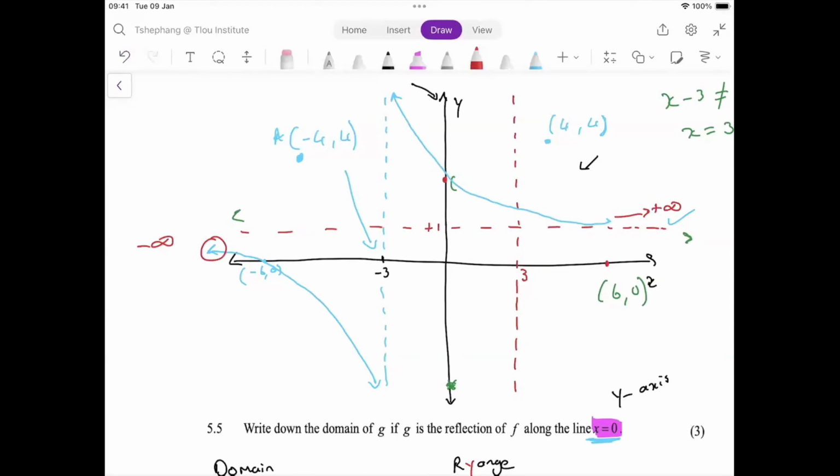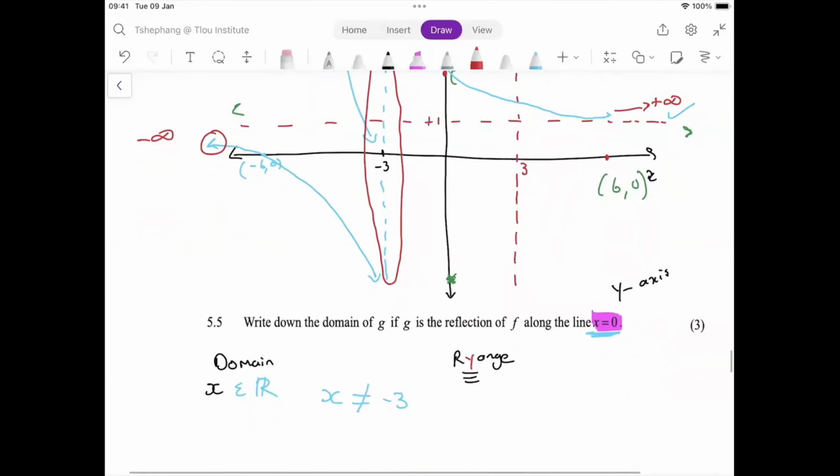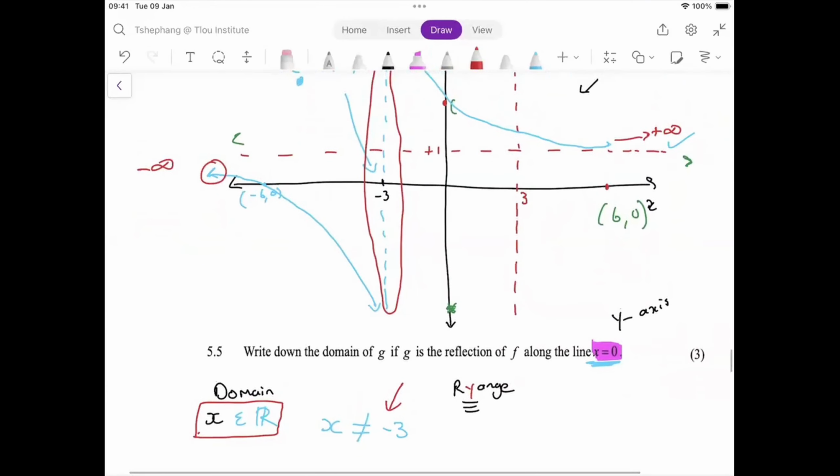It's pointing at positive infinity. The graph exists everywhere for those values, except at this guy. It never ever touches that. And that is the asymptote. Because it's an asymptote, we can say the graph exists everywhere on the x values, right? But not at the asymptote. That is the domain part. It exists everywhere except at -3.